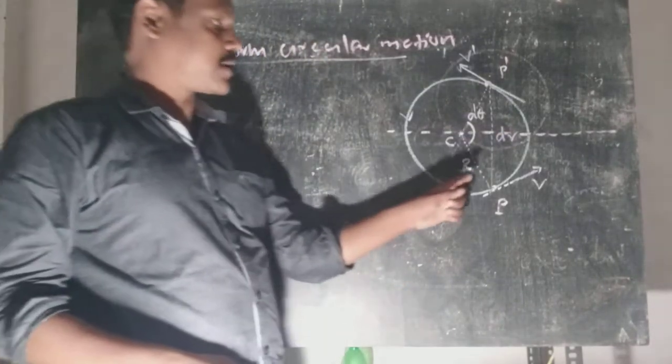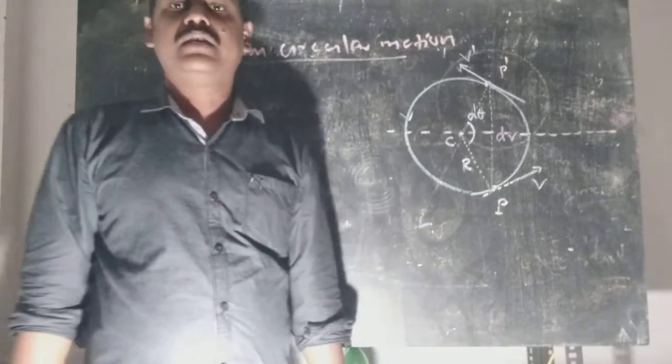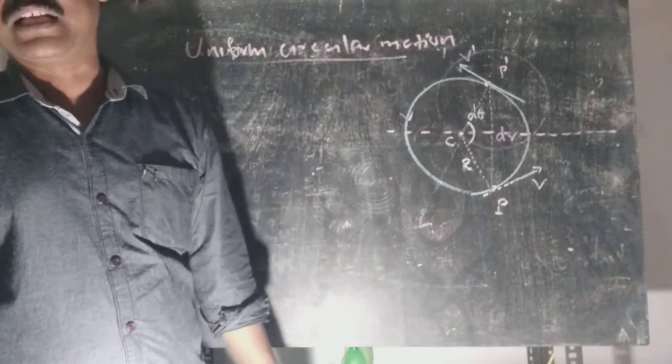The angular displacement that the radius sweeps out from P to P dash is expressed as d theta.